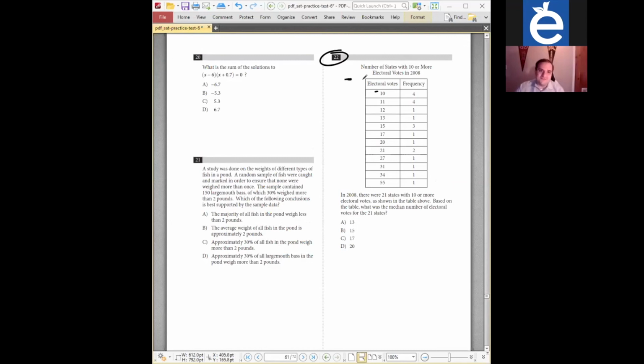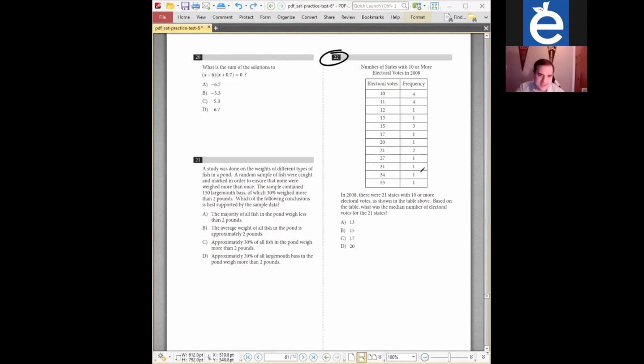Do you see how this is frequency? Frequency is necessary for median, because median is when you take all of the values in a row, and you find the one in the middle, and that accounts for frequency.